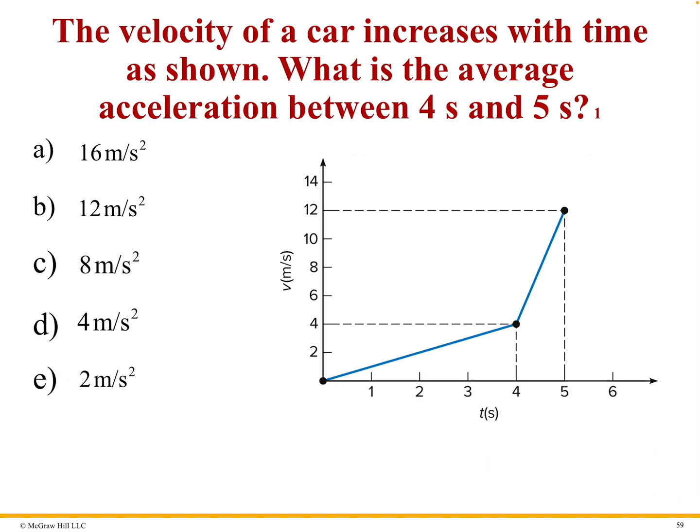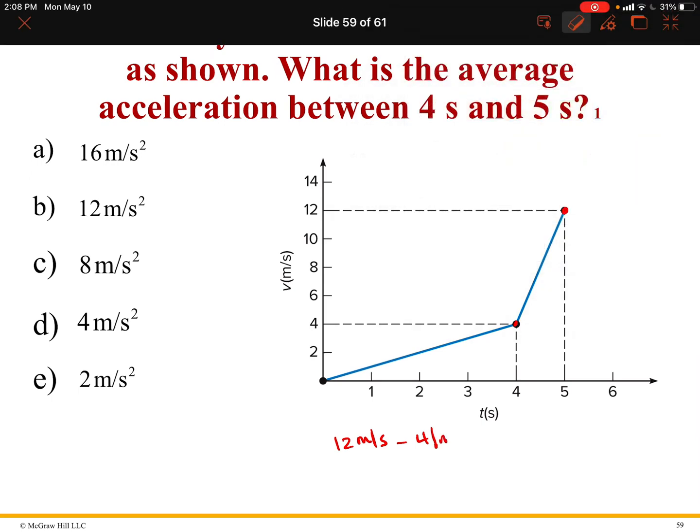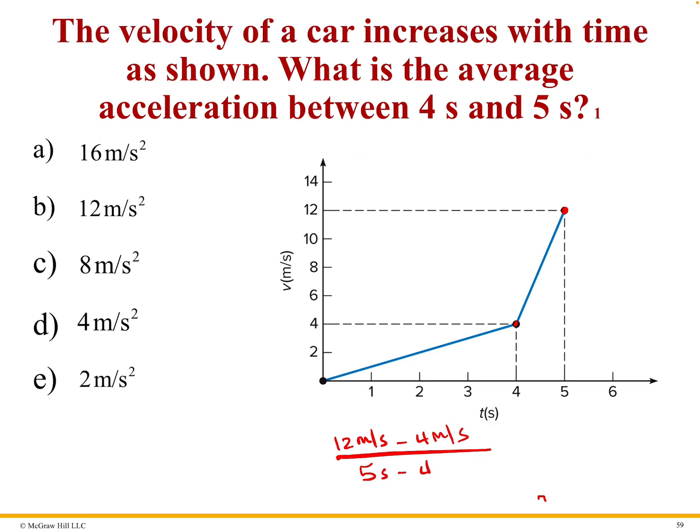All right, this says, what is the average acceleration between 4 and 5 seconds? I would encourage you at this point to pause, try to work it out on your own, and then play and see if you get it correctly. So if you're going along with me, you've got 12 meters per second minus 4 meters per second, over 5 seconds minus 4 seconds.